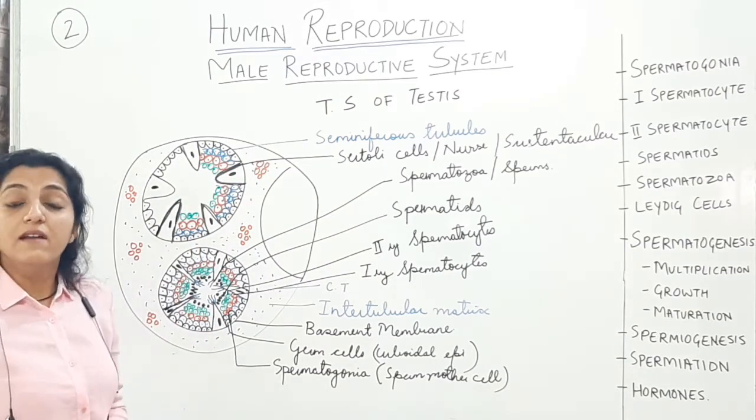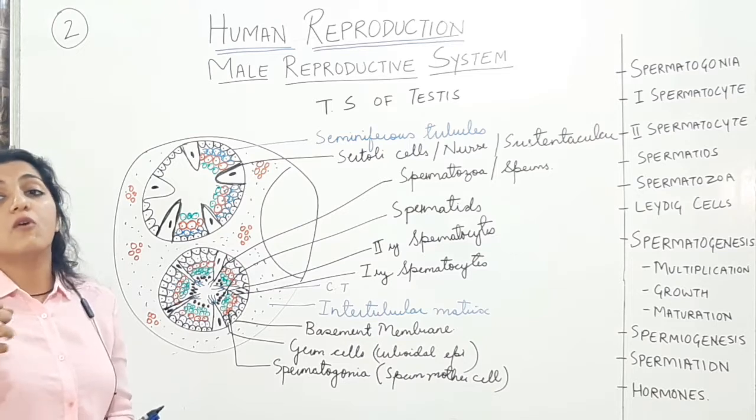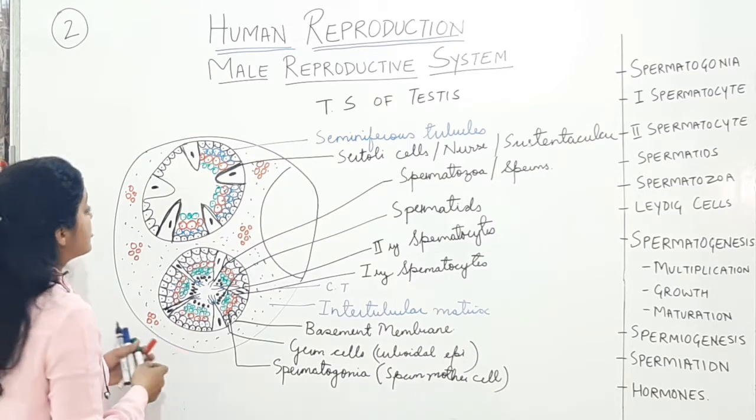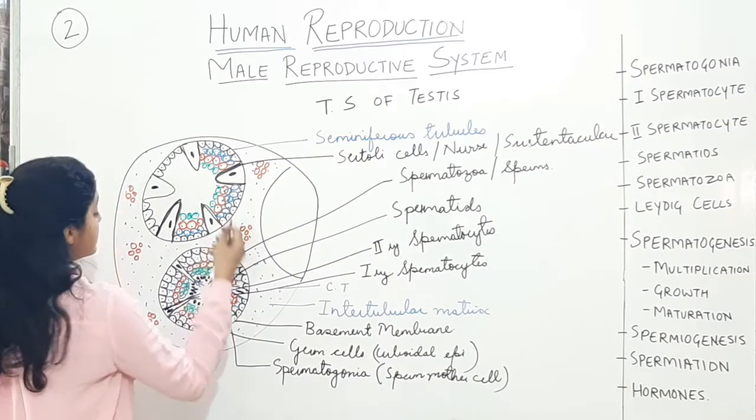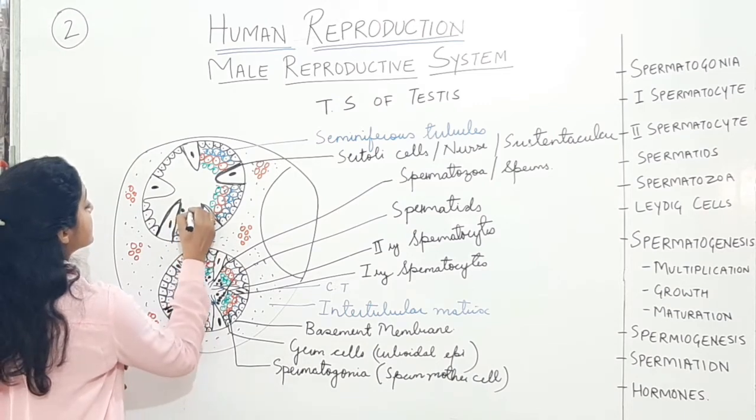Alright, and the secondary spermatocytes will again undergo meiotic division, again undergo maturation, and they will produce these spermatids.